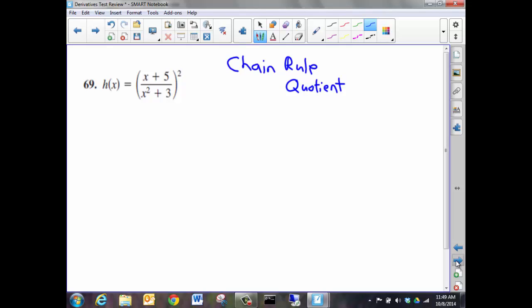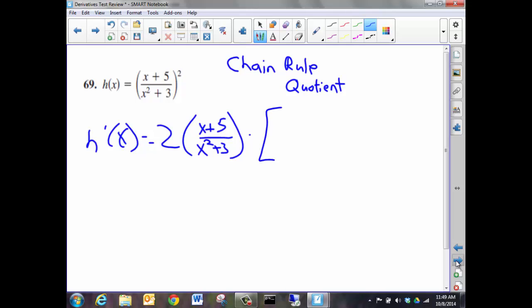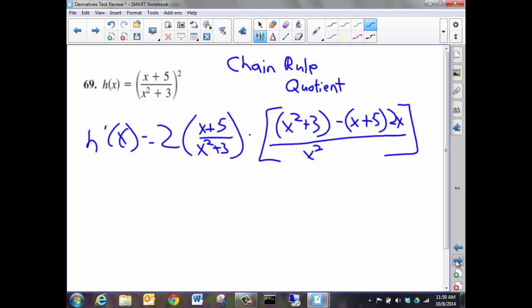The simplest thing, I believe, is going to be the chain rule, because the chain rule will give us 2 times that thing times low D high minus high D low, all over that thing squared.